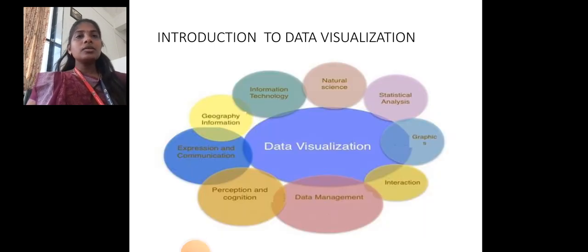Then next, what are the combined technologies we use for producing effective data visualization: data management, interaction, graphics, statistical analysis, natural science and information technology, geographical information, expansion and communication, and perception and cognition. These are all the integrated, blended technologies in data visualization.